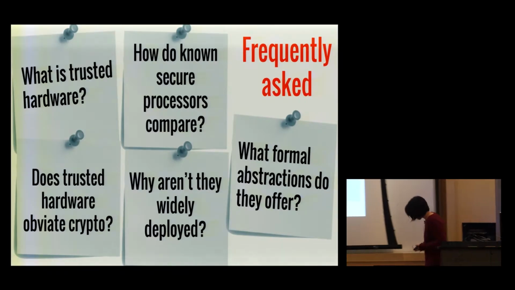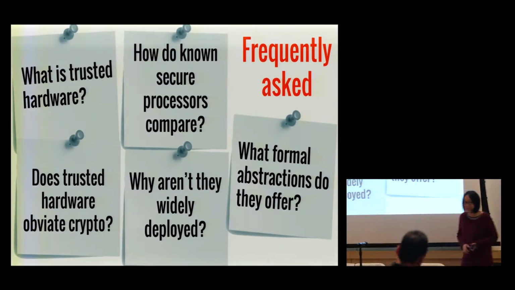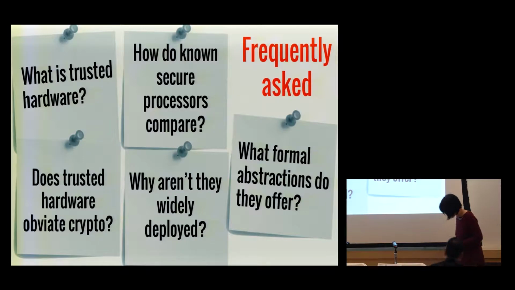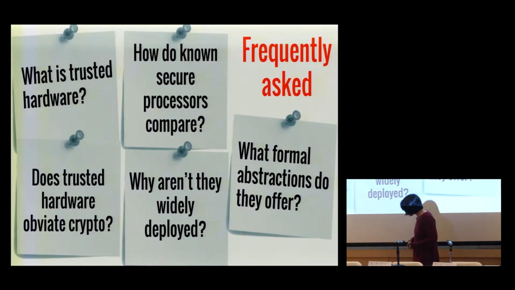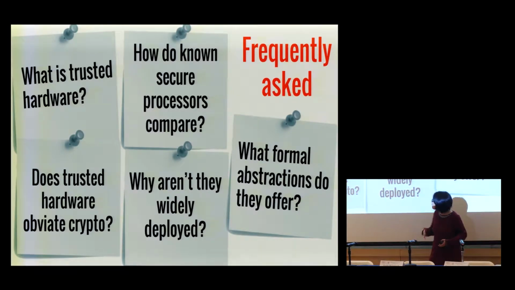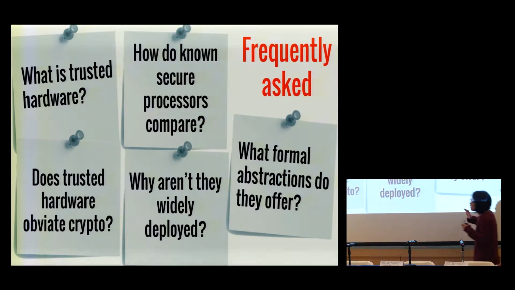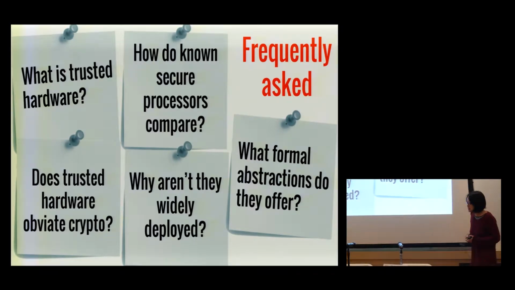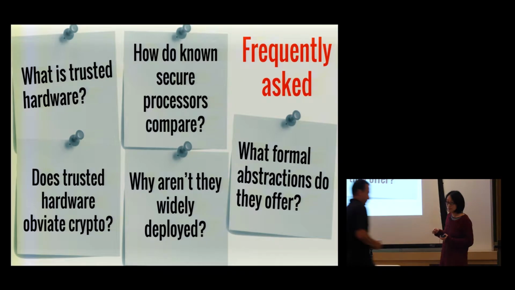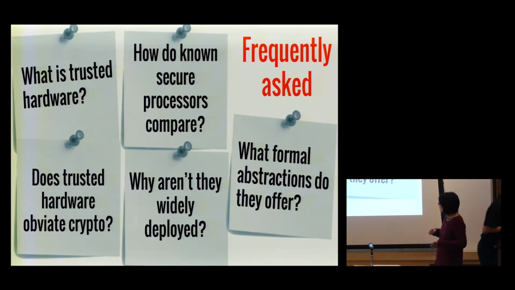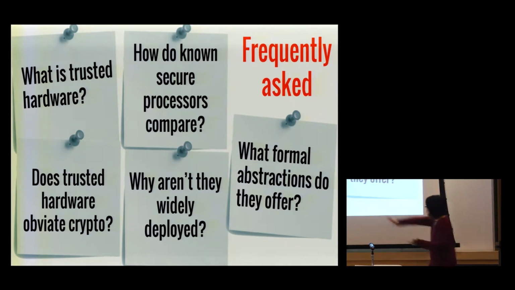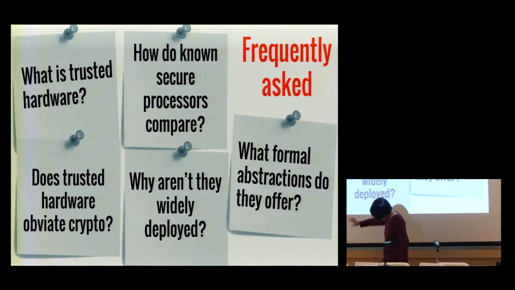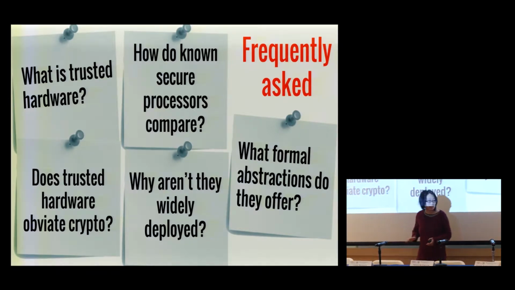Here are the questions that I get asked frequently. Since there are so many trusted hardware secure processors, what do they actually offer? How do the trusted processors compare with each other? My favorite question is: does trusted hardware obviate modern crypto?